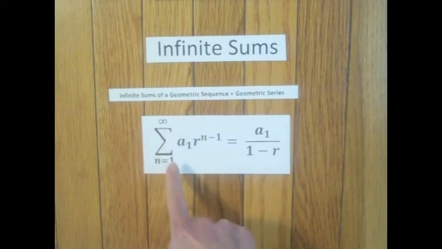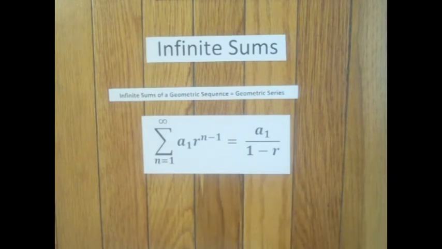We want to take the sum, starting with the first term, to infinity. We want to know, does this geometric sequence have an infinite sum? And if so, what is it? That's how we use summation notation to represent an infinite sum.